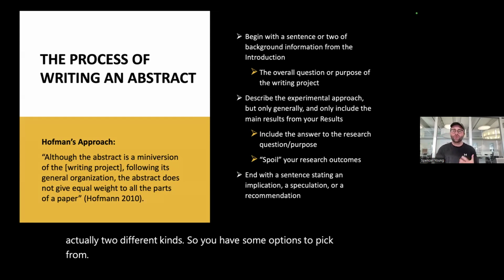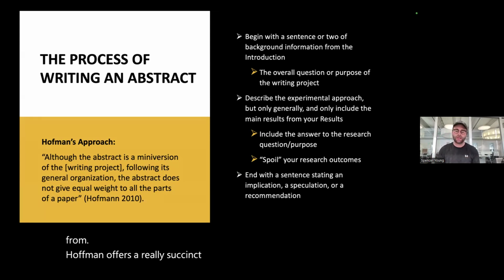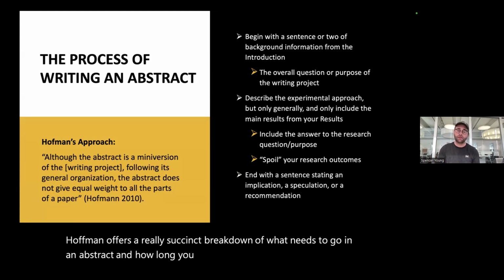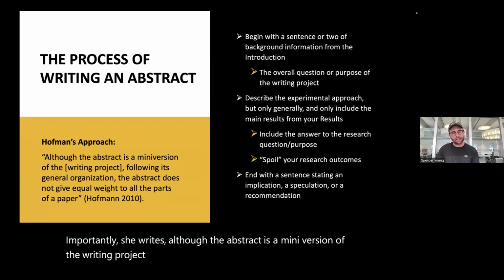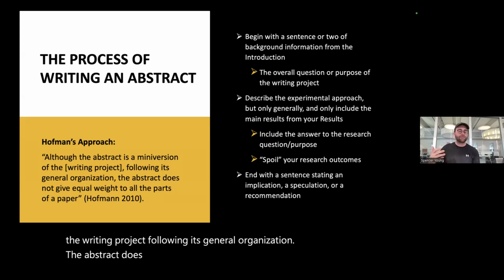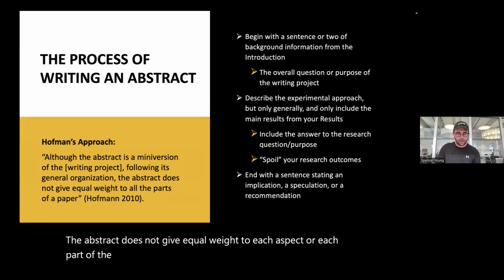Hoffman offers a really succinct breakdown of what needs to go in an abstract and how long you should spend on each element. Importantly, she writes, although the abstract is a mini version of the writing project, following its general organization, the abstract does not give equal weight to each aspect or each part of the paper. So Hoffman's breakdown is actually as follows.